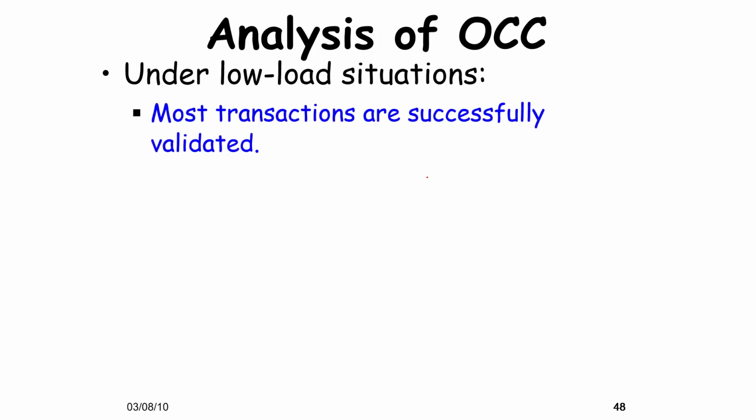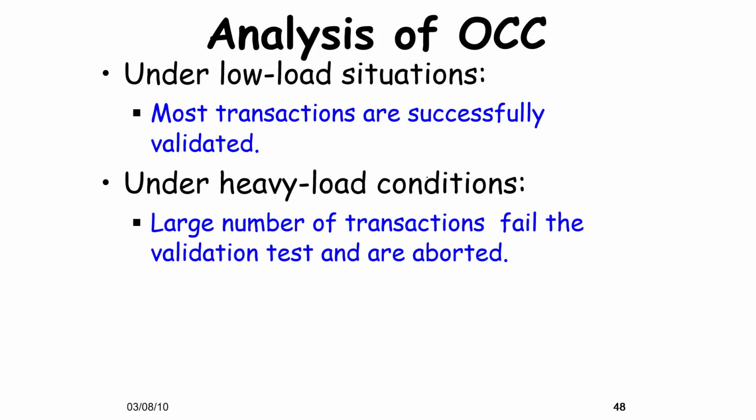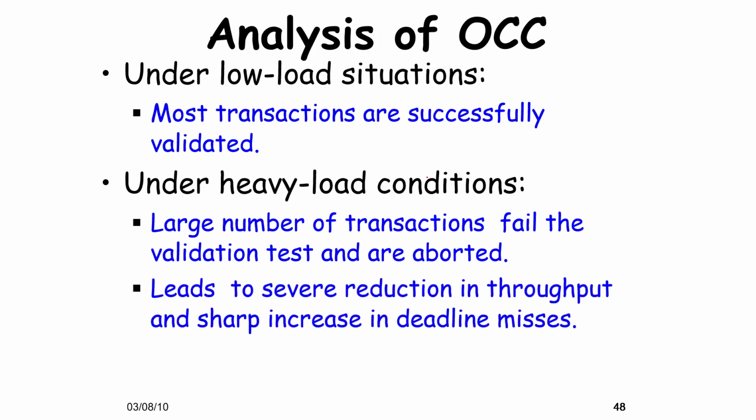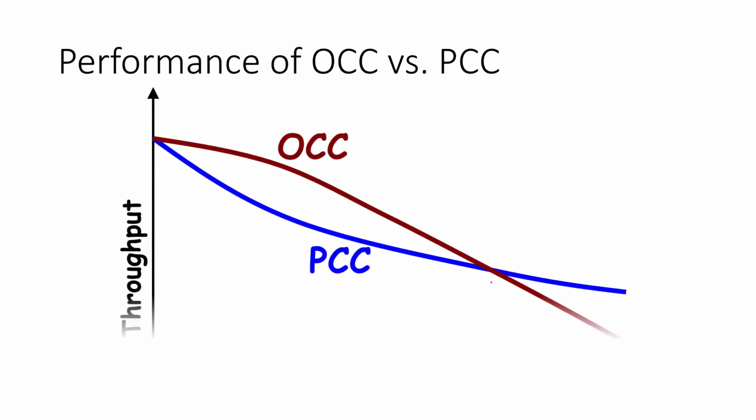Under low load situations, most transactions are successfully validated. Under heavy load conditions, a large number of transactions will fail. This will lead to a severe reduction in throughput and an increase in deadline misses. That is why the performance of OCC protocols will show a drop.